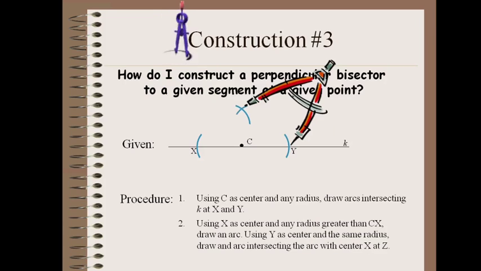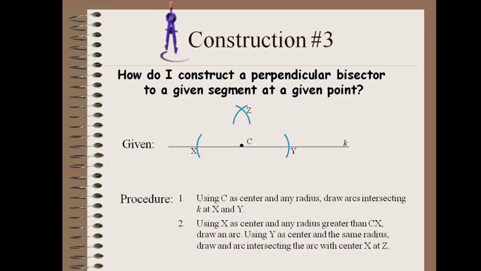I'll inscribe another arc which must intersect the previous arc which was made by taking X as center. Both the arcs will intersect each other at one common point and that point can be named as Z. When we join CZ, this is required perpendicular bisector of segment K which passes through point C.